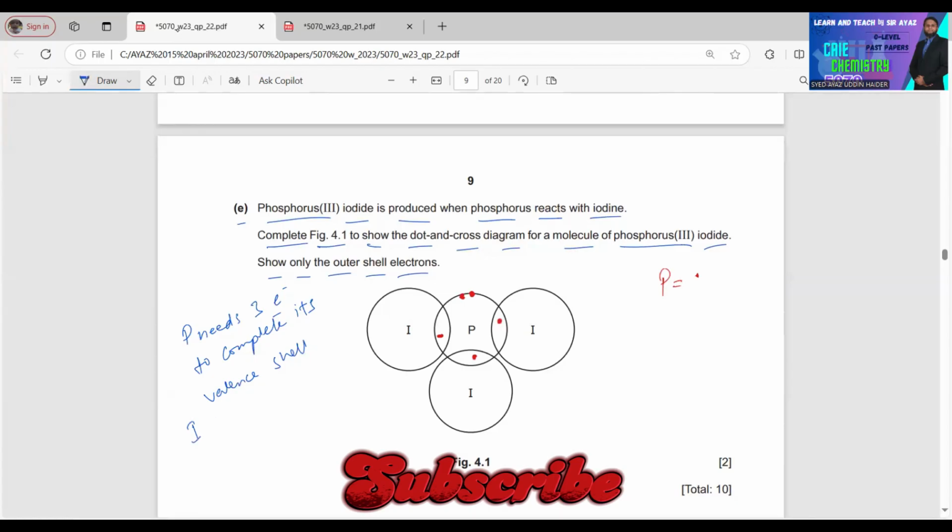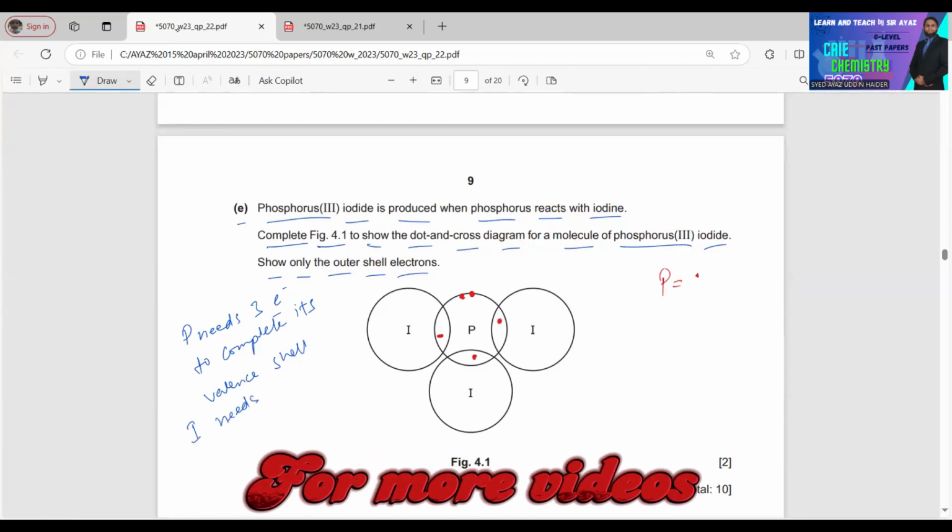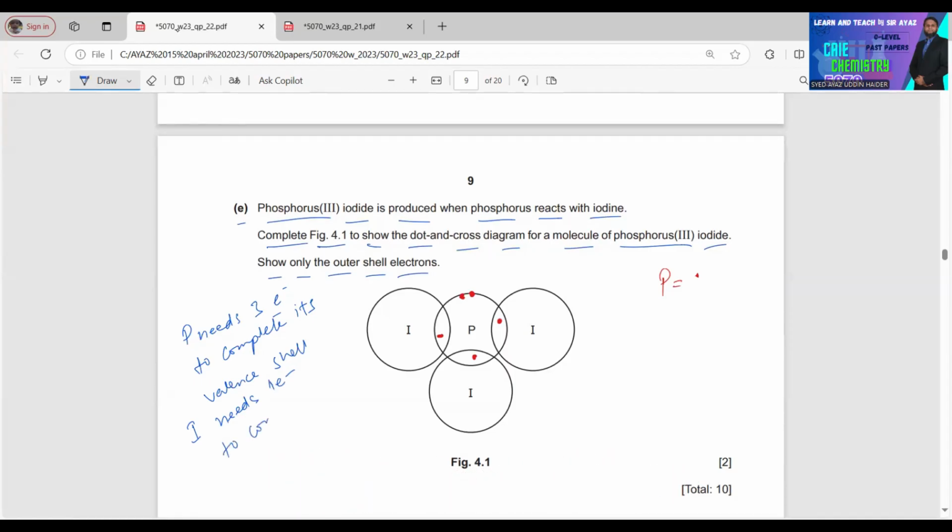Iodine needs 1 electron to complete its valence shell.